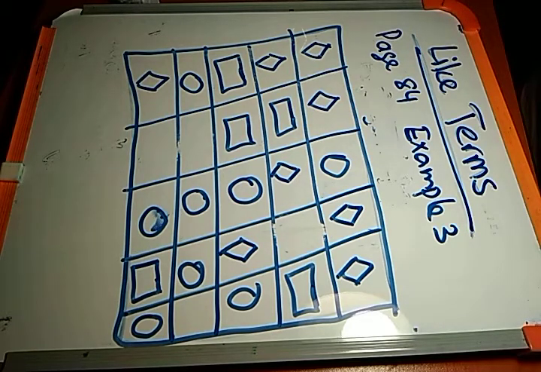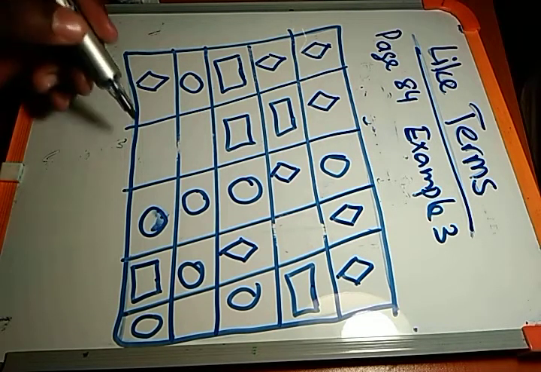So what we do when we're collecting like terms is I'll go around this and we'll do something different to each shape. That's the idea of like terms. So collecting like terms is doing something like this.